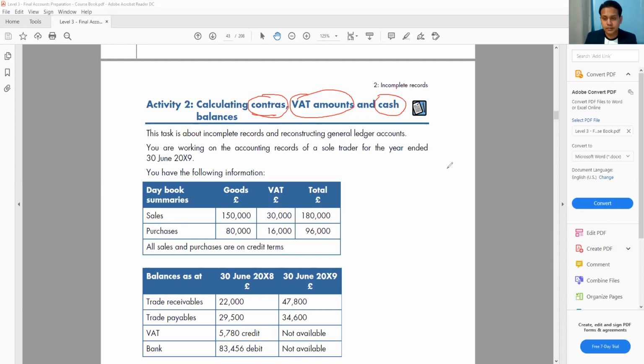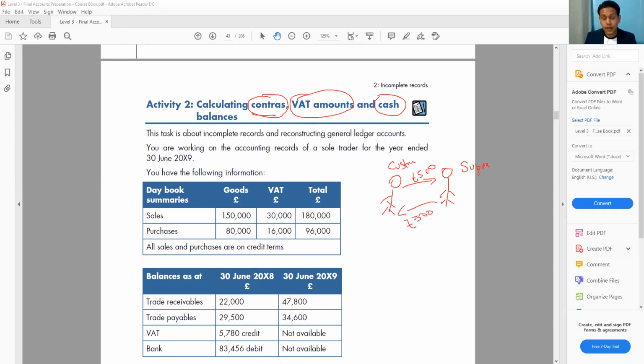For example, let's say there are two people. One is a supplier and one is a customer. Let's say we buy something from him, £500, and he buys something from us, £300.